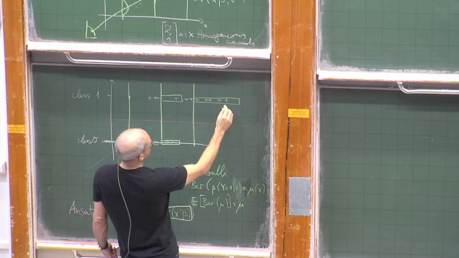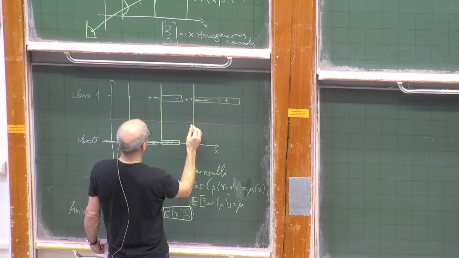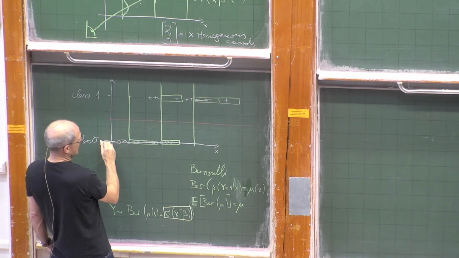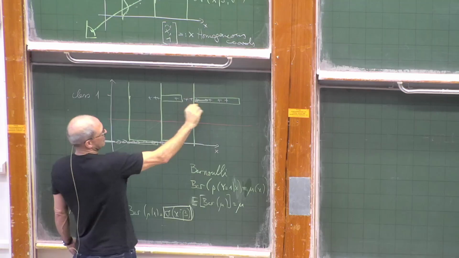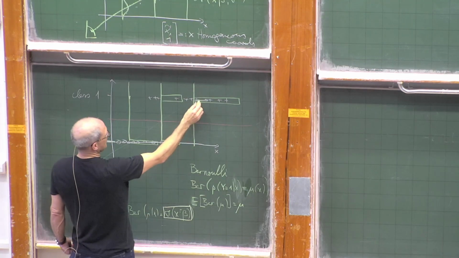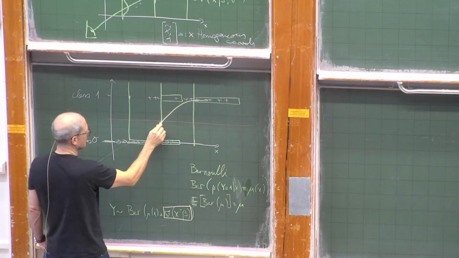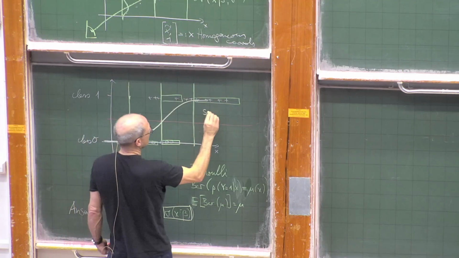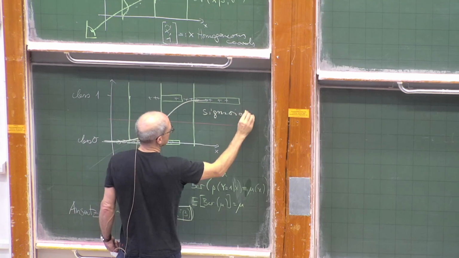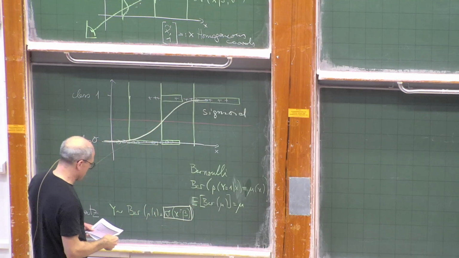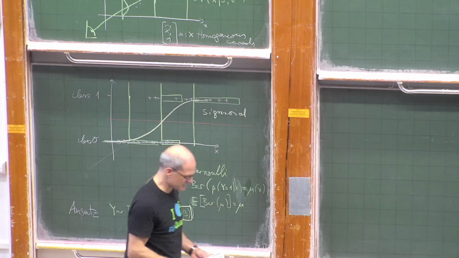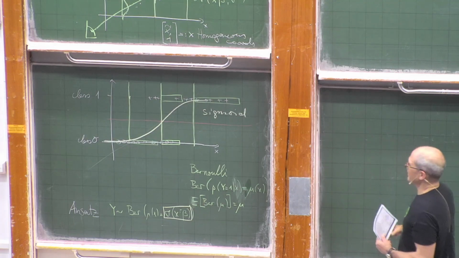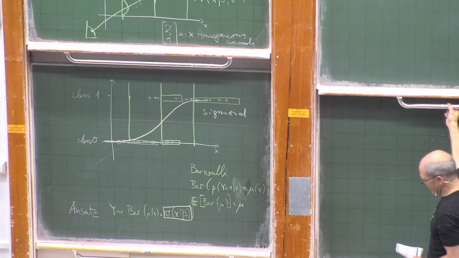It should be close to 1 on the right-hand side, and in between we could do something linear, but we are going to use something a bit smoother. We're going to use some kind of this type of function here, which is a sigmoid. Now the question is which sigmoid are we using?